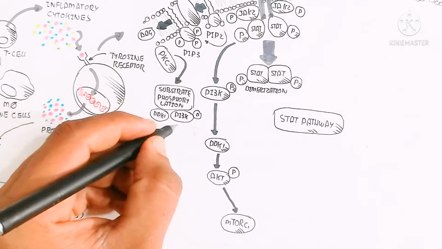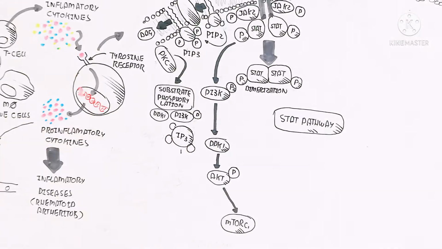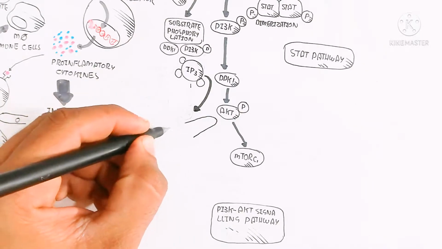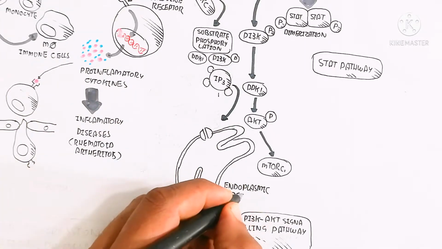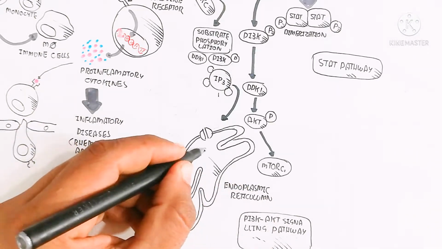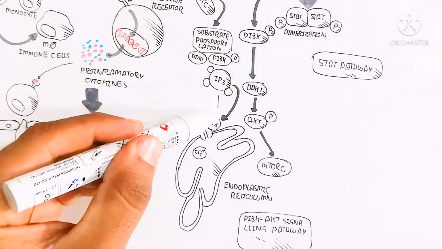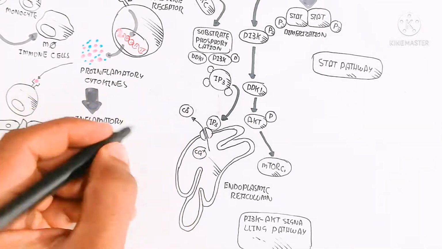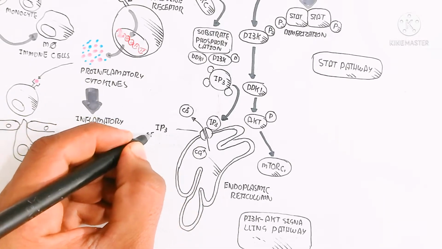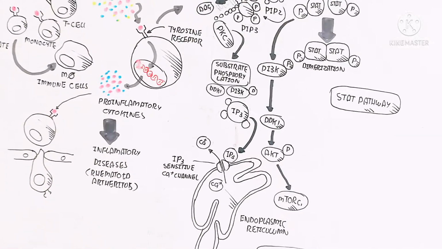It will be recruited, and this PKC does substrate phosphorylation. So the PI3K phosphorylation and PDK1 again. Here the IP3-sensitive calcium channels present in the endoplasmic reticulum will bind, and the efflux of calcium will activate the protein kinase C, and this activated protein kinase C will bind with the diacylglycerol.